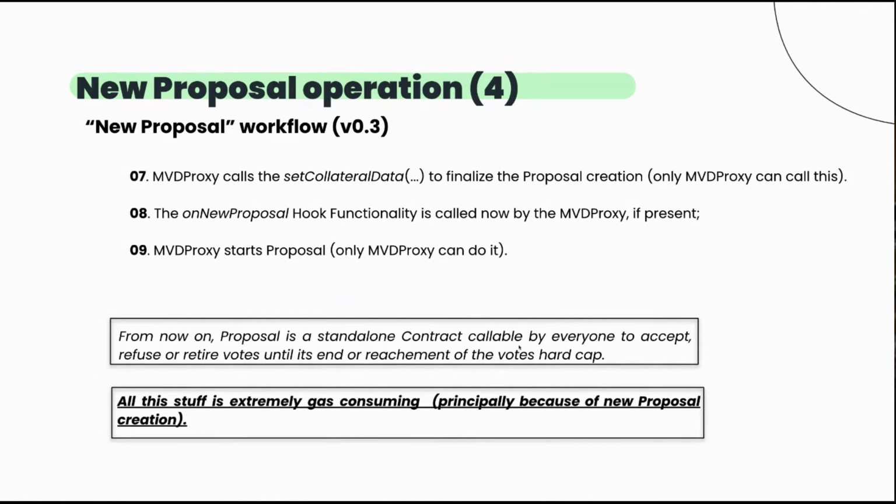From this point, a new proposal is a standalone contract callable by everyone to accept, refuse, or retire votes until its end or until the votes cap is reached. This is naturally extremely gas consuming because of the new proposal contract creation every time we create a new proposal.